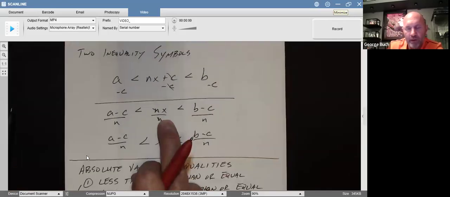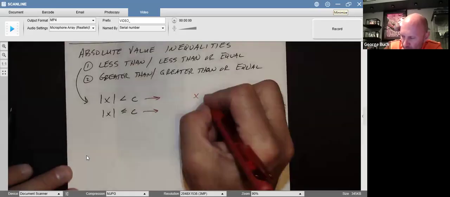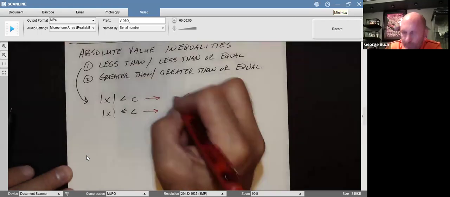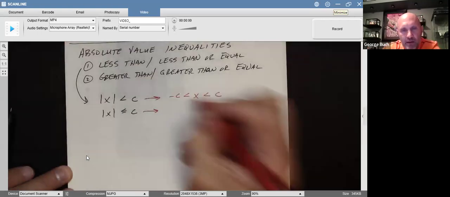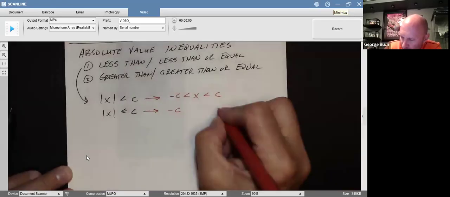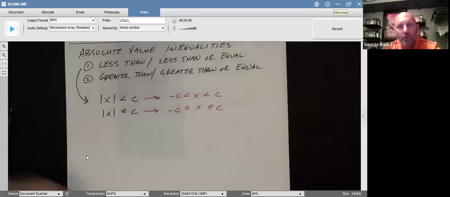So x is less than c, but also, and here's the tricky part, greater than negative c. And this one's the same, negative c, positive c, just less than or equal on both of those. So when we have less than or equal, this creates our two-part inequality.